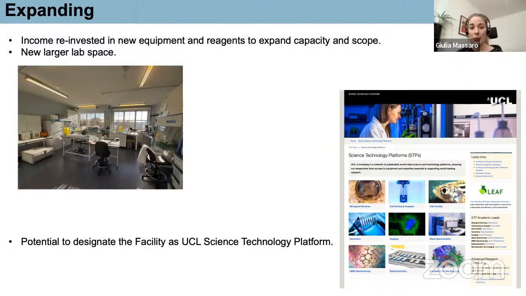We can buy new equipment and have more space to work in a nicer environment. This also led us to start some conversations with UCL to designate the facility as a science technology platform, something that can be available to a wider user base across UCL.